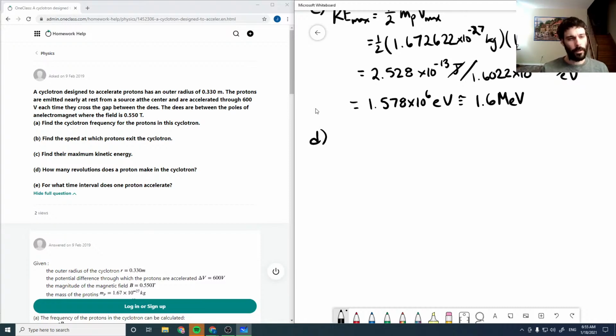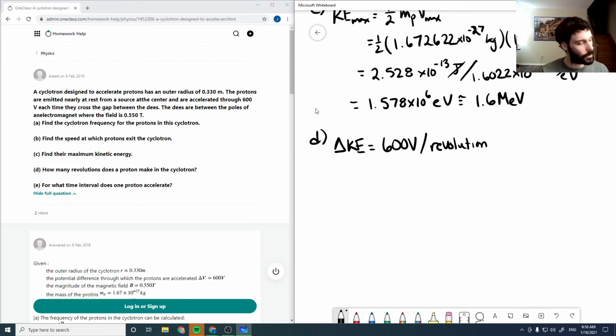Okay, so how many revolutions does a proton make in the cyclotron? So we know that our delta KE is 600 volts per revolution, right? So we said for each period, we go up by 600 volts.